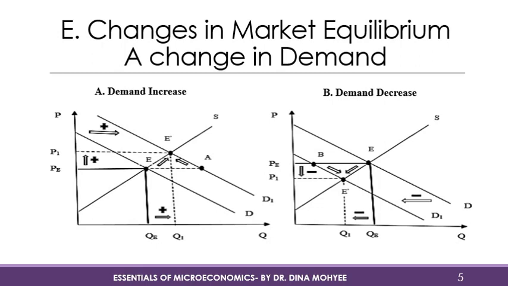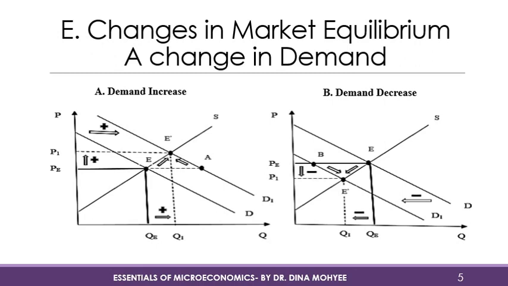For example, if there is an increase in income of consumers, the demand curve will increase and shift to the right, as we see in the figure at the left. When the demand curve shifts to the right, to D1, we can see that this causes a disequilibrium in the market.